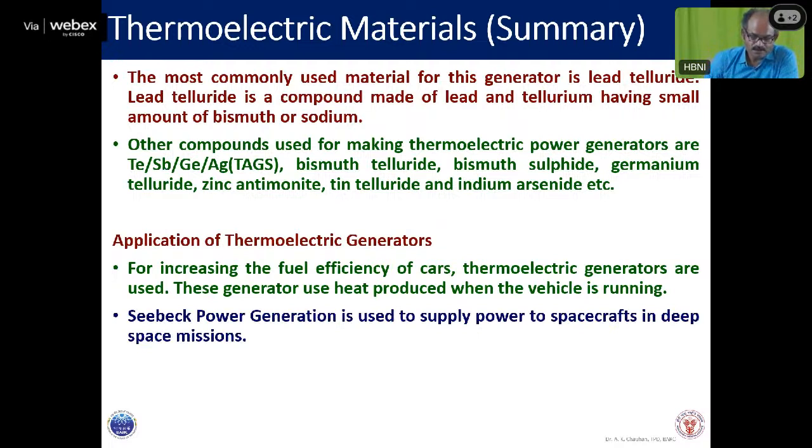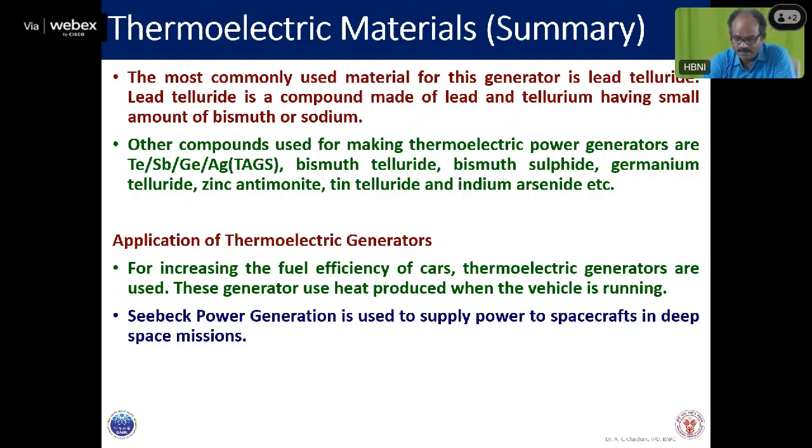Then Seebeck power generation is used to supply power to spacecraft in deep space missions. When your spacecraft goes on a deep space mission, very deep in space where sunlight is not reaching, normally, if you have a spacecraft up to a place where solar energy is available, you can use solar cells.